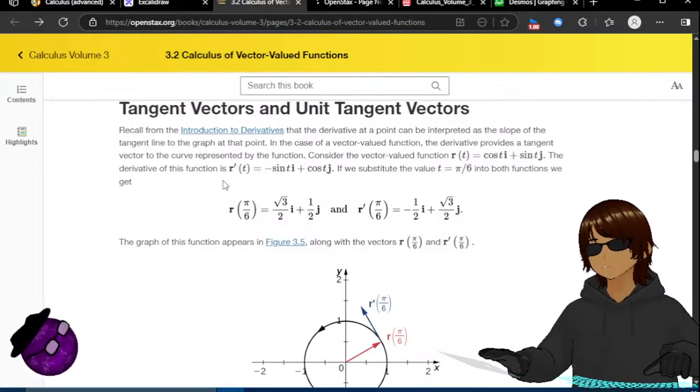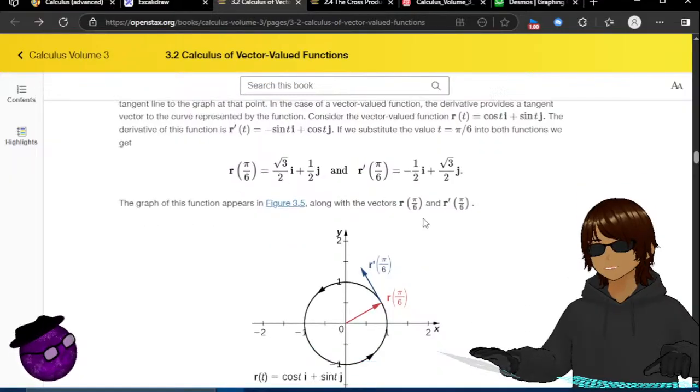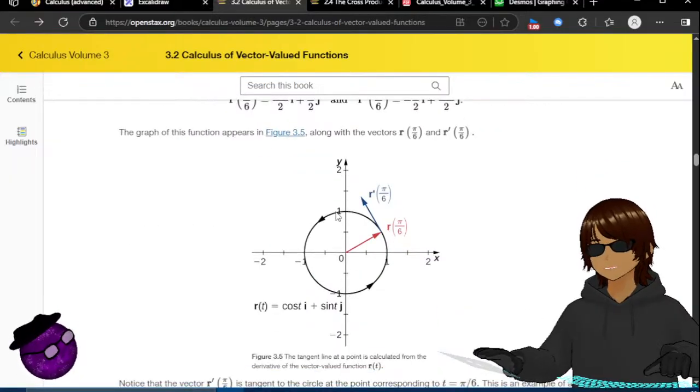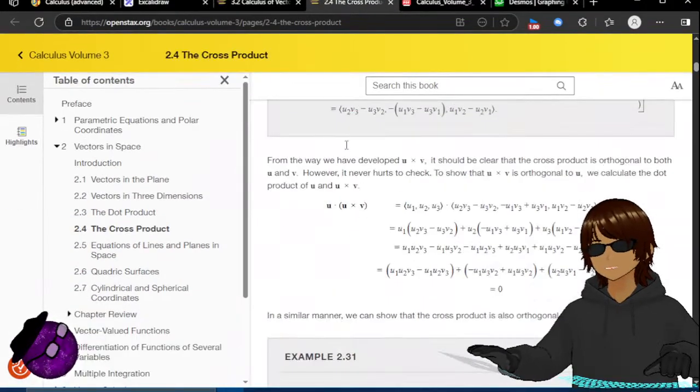The derivative of this function is minus sin t plus cos t. If we substitute the value of t pi over 6 into both functions, we get this. The graph is this. Okay, so the derivative at a point for any vector valued curve would be the tangent line, because that's by the definition of derivative.